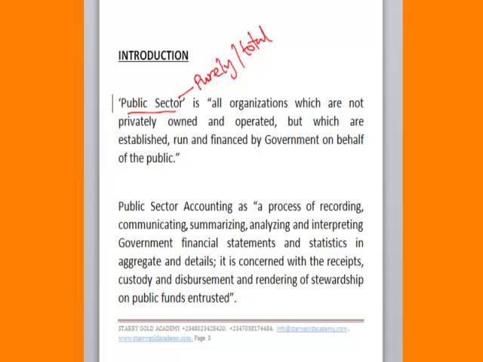Such organization is referred to as public sector.